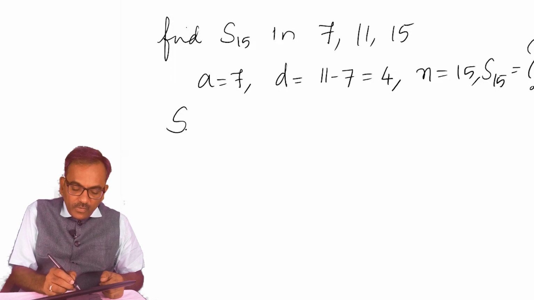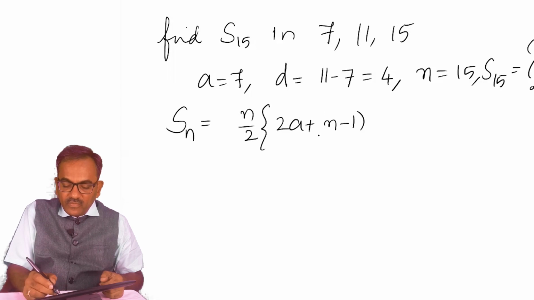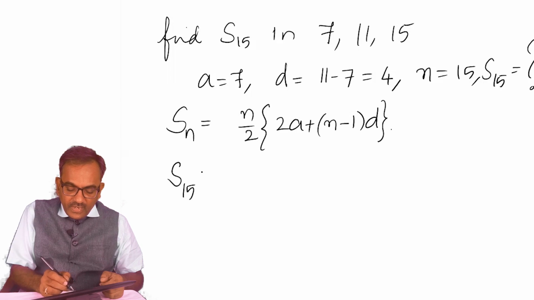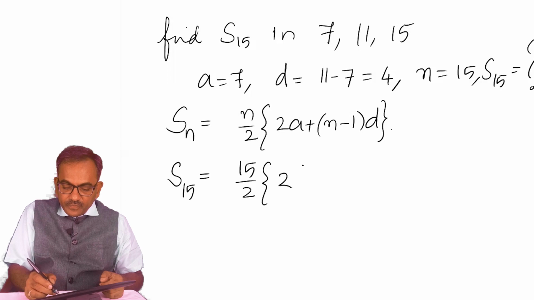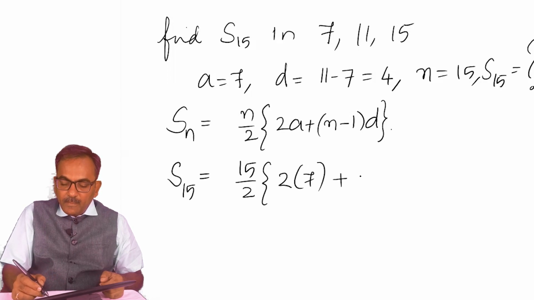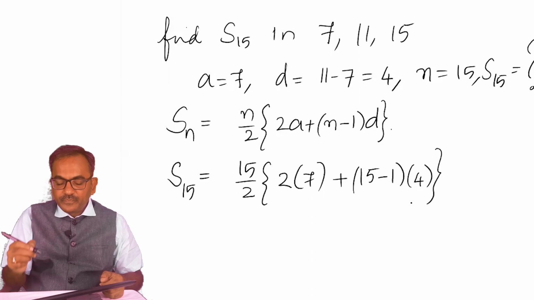So let me use the formula Sn is equal to n by 2 times 2a plus n minus 1 times d. Use n is equal to 15, S15 is equal to 15 by 2 times 2 times a, that is 7, plus 15 minus 1 into d, which is 4.